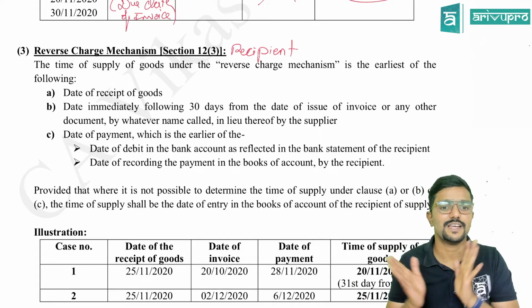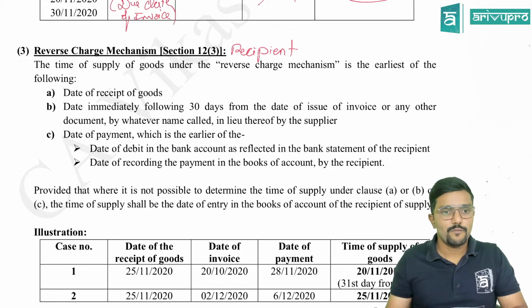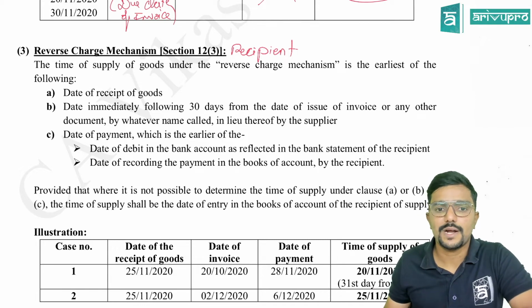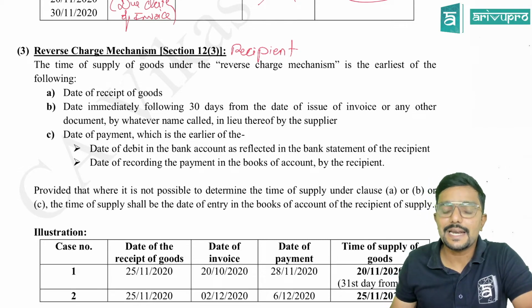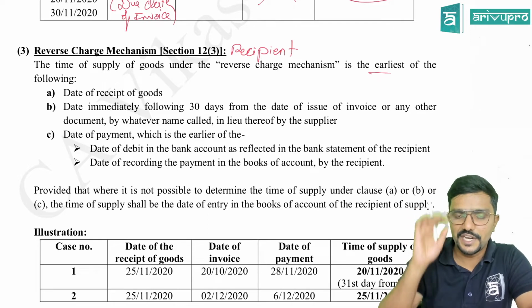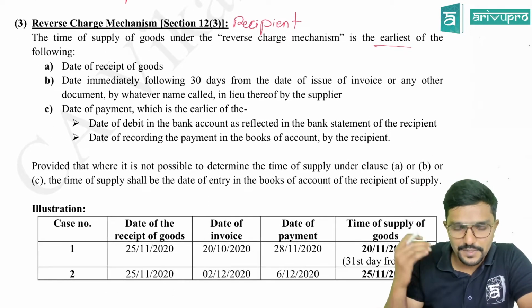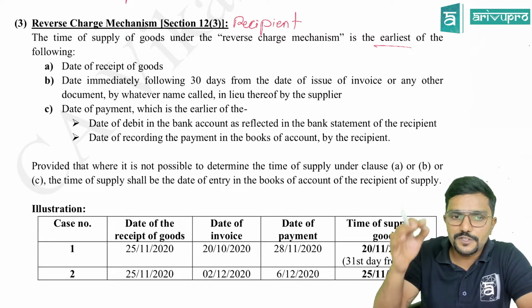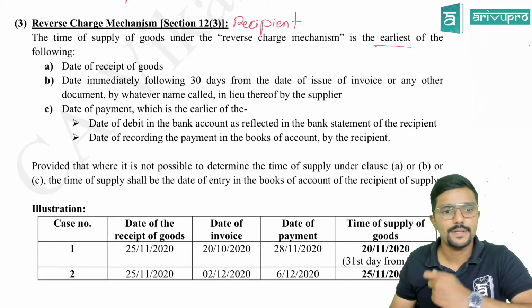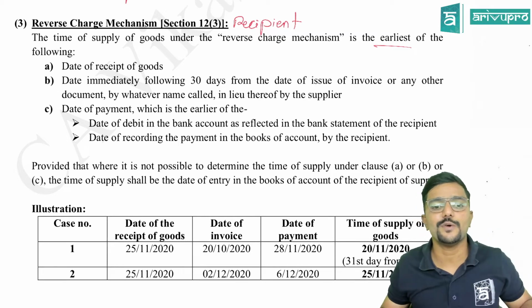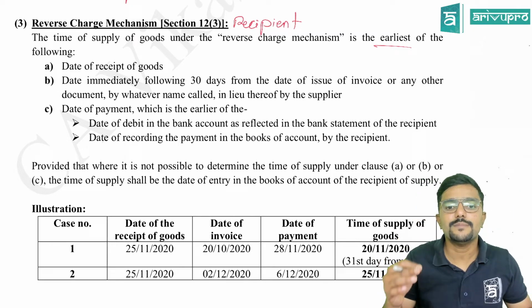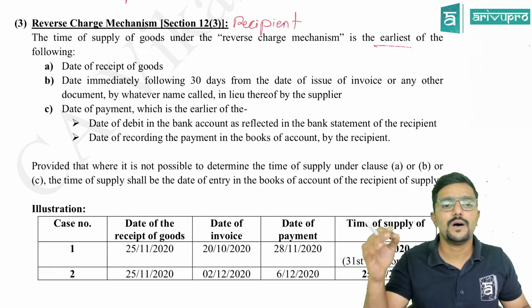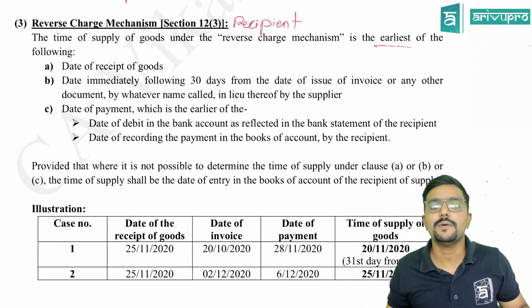Agree? Yes, sir. So the time of supply of goods under the reverse charge mechanism is the earliest of the following dates. There are 3 dates here, guys. First, on what day the goods are received by the recipient? Date of receipt of goods. Next, date immediately following 30 days from the date of issue of invoice or any other document by whatever name called in lieu thereof by the supplier.